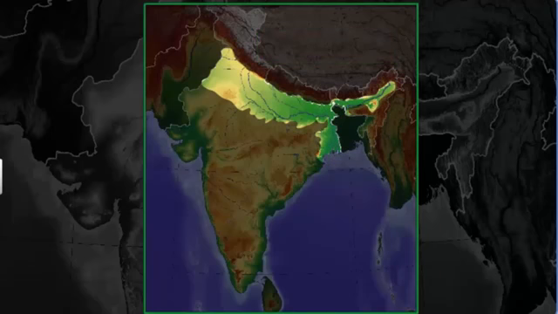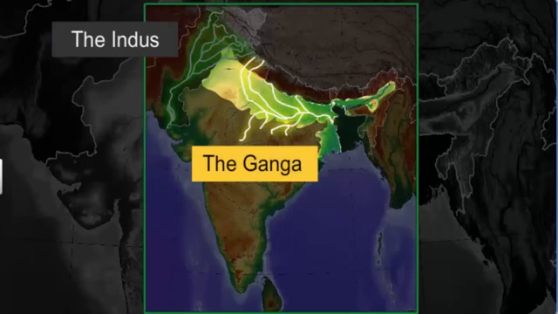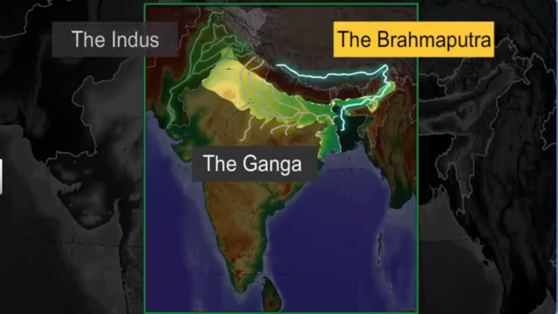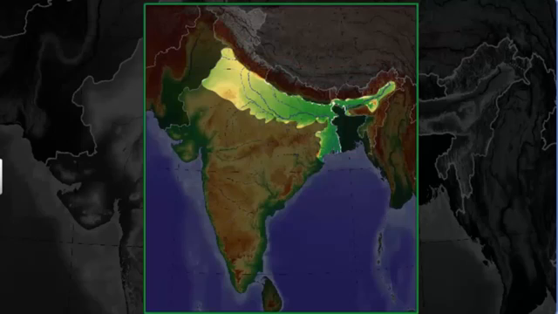The plain is formed from the flood plains of three big river systems: the Indus, the Ganga, and the Brahmaputra. Based on the names of these river systems, the northern plain is also called the Indo-Gangetic Plain.